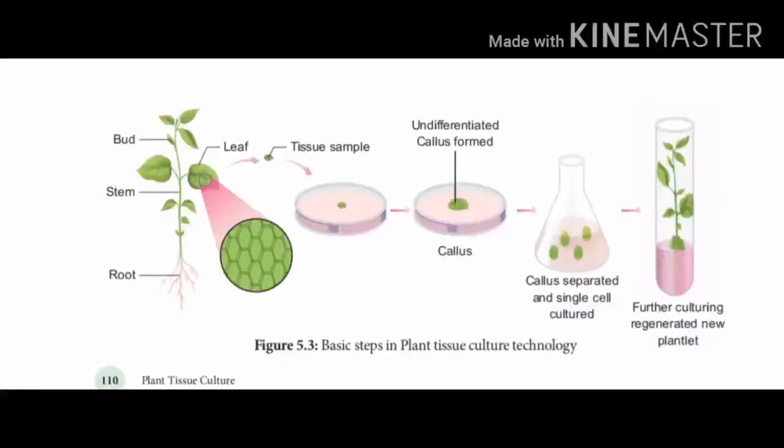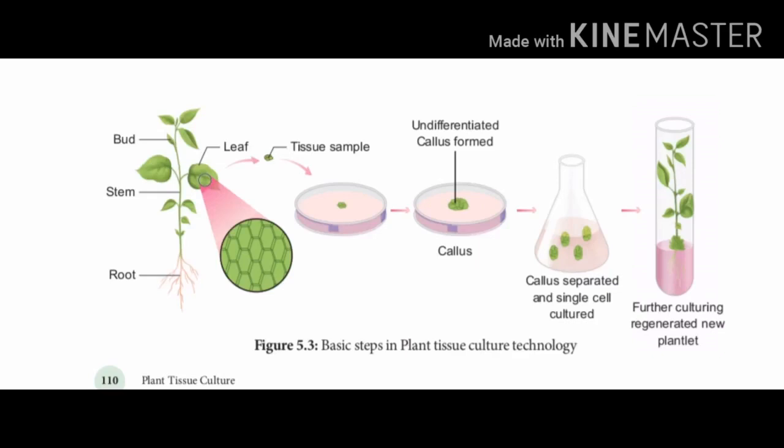We have been discussing the various things that happen in plant tissue culture. In the first picture you can find a plant, and an explant has been taken, a part of the tissue, and it is kept in the culture medium to allow it to grow into a callus. That tissue has been transformed into an undifferentiated mass of cells called the callus, which is then transferred to a conical flask with a nutrient medium, where you can find this callus has turned into plantlets.